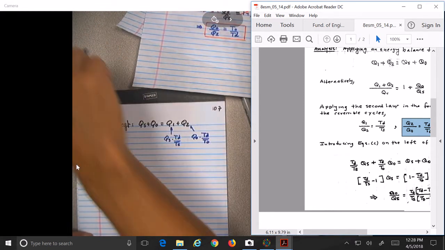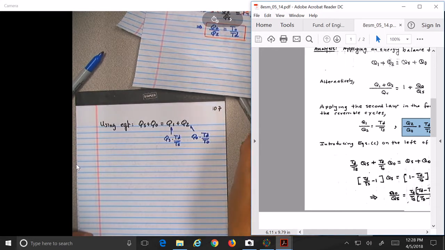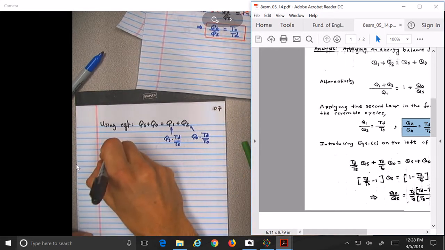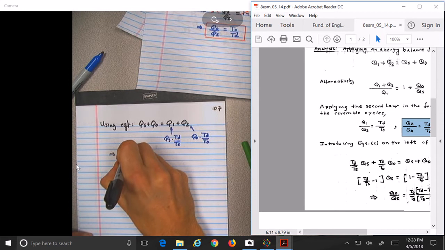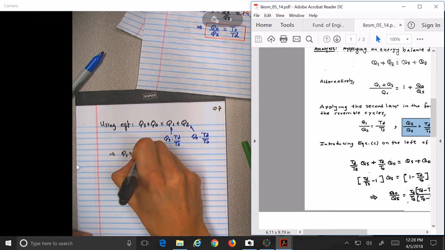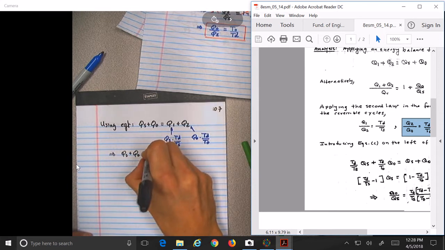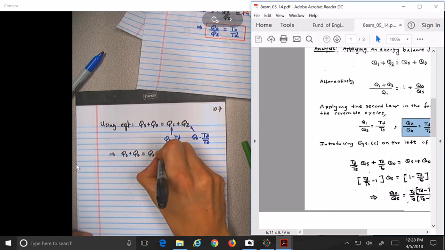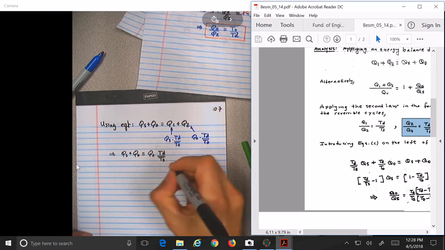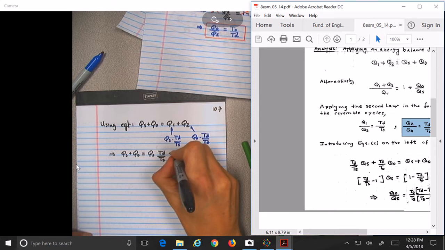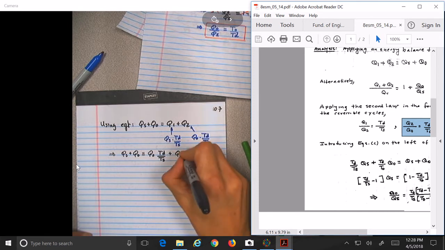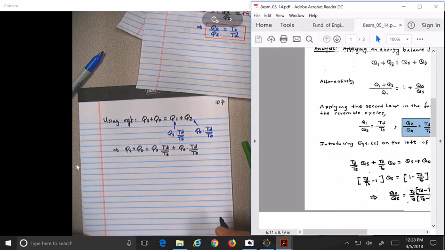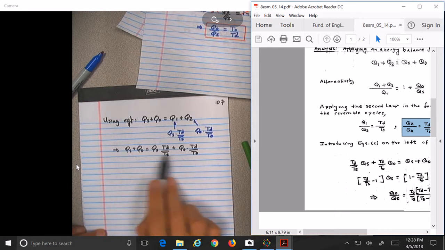So now when you come here, what they do, let's just rewrite this, so we get QS plus Q naught equal to QS TD over TS plus Q naught TD over T0. Okay? And now they combine those terms QS and Q naught on both sides.